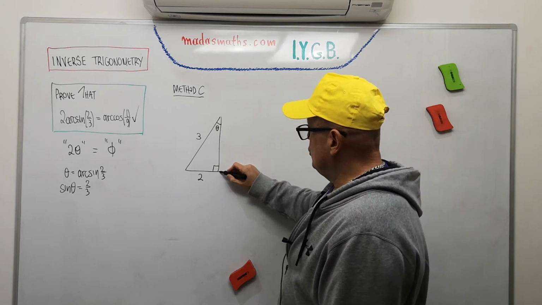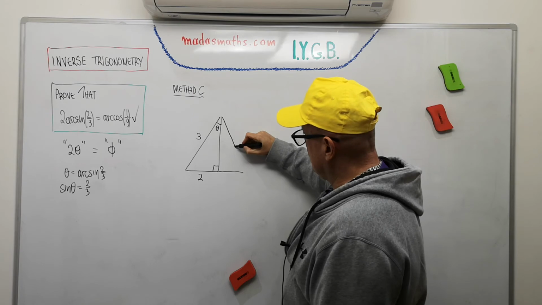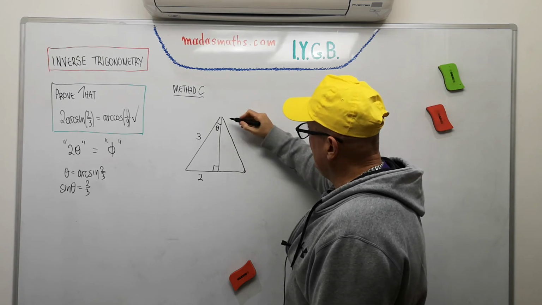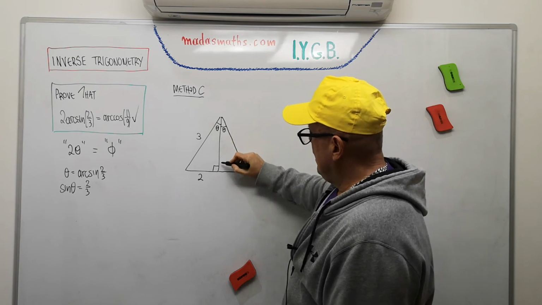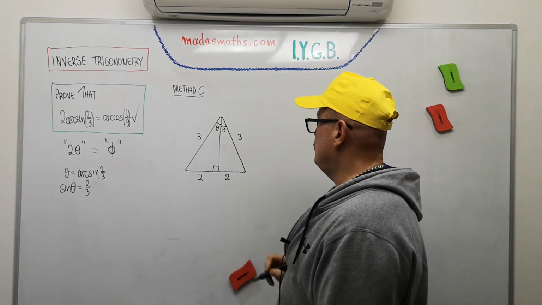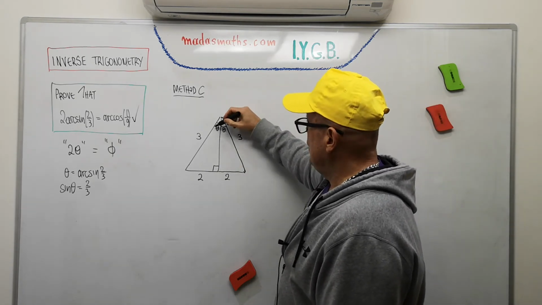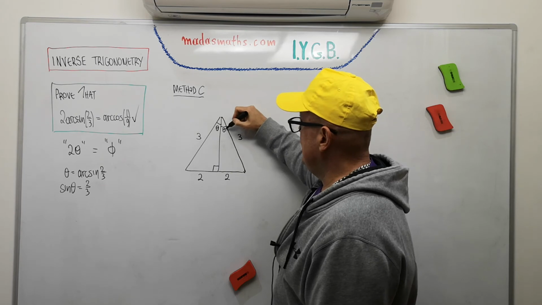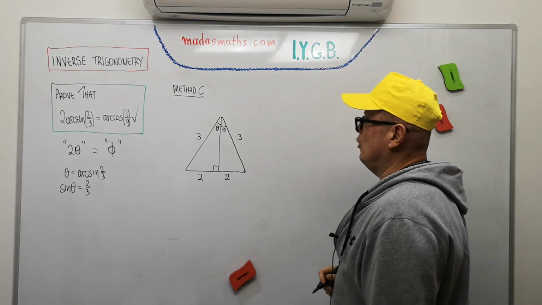All I'm going to do is put another triangle identical to the one I've just got there, but on the other side. So they're sharing a height, and this is 3 on this side, and of course 2 on this particular side, and also a right angle obviously there. So this is now my 2 theta, that is where it's going to come from.